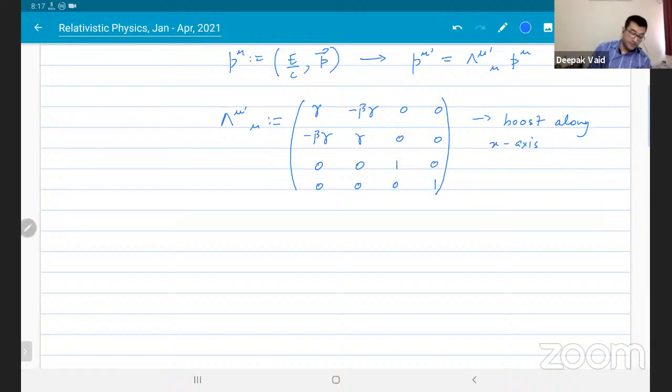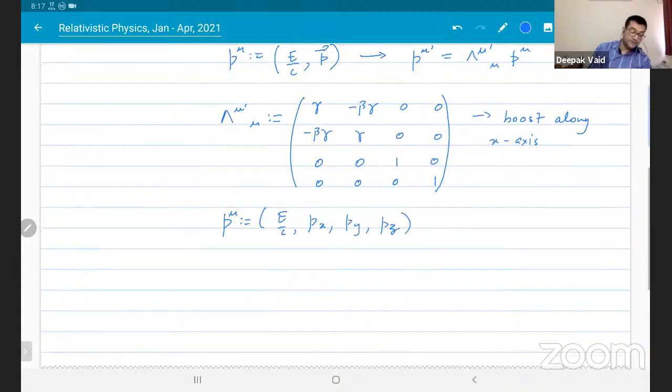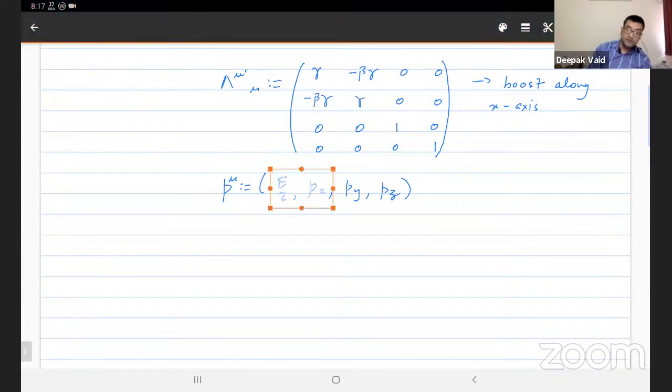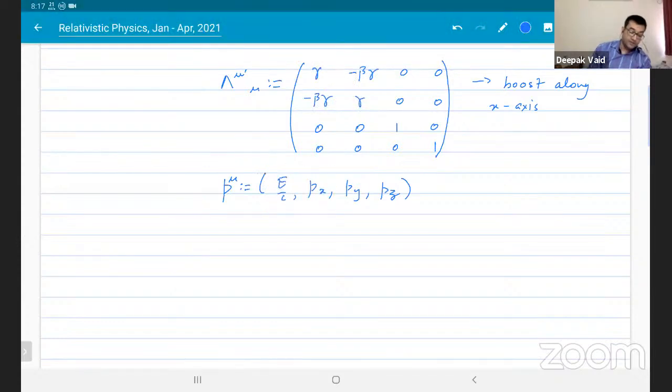So what happens if you write P mu as E by C, comma Px, Py, Pz, then under this transformation, these components will only affect the E by C and Px components. Py and Pz will remain unchanged.